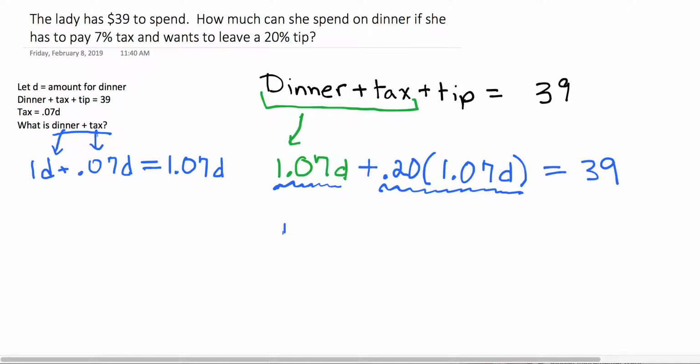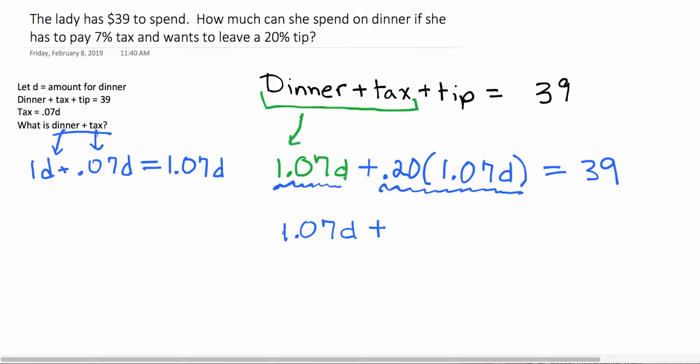So I'm going to carry this 1.07D down. The next thing I have to do is take 0.2 times 1.07, and that's 0.2 times 1.07, 0.214.